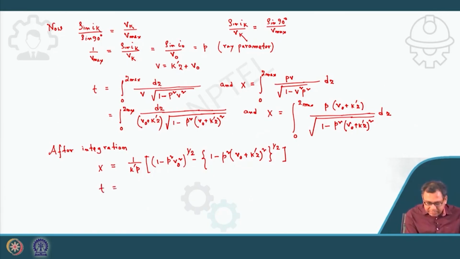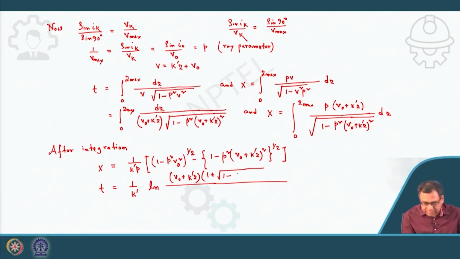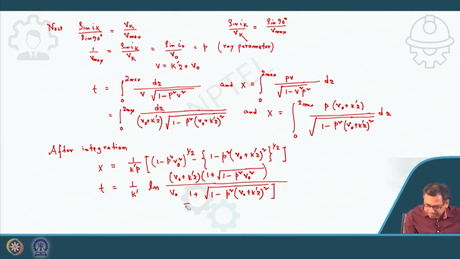Similarly, I will get the t after integration as 1 by k dash into ln of (v0 plus k dash z) times (1 plus root over 1 minus p square v0 square), divided by v0 times (1 plus root over 1 minus p square (v0 plus k dash z) square). So, I will get the t and the x.